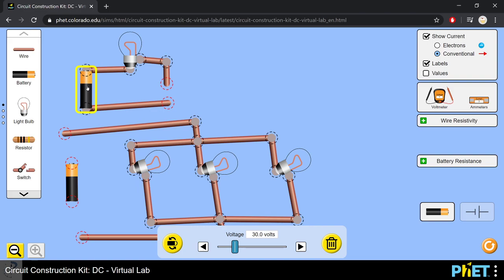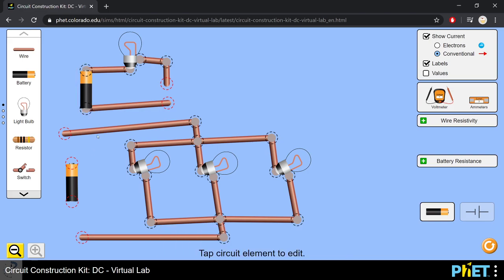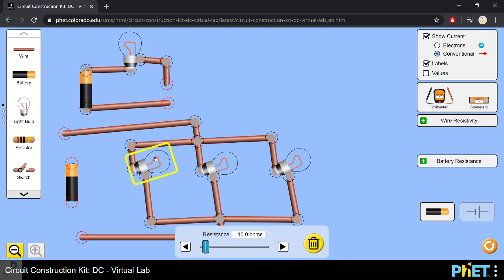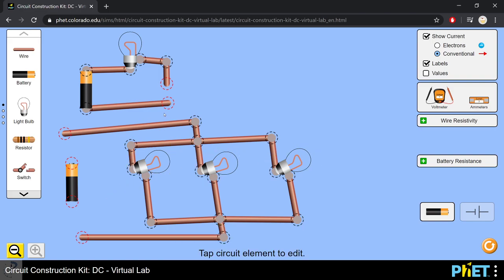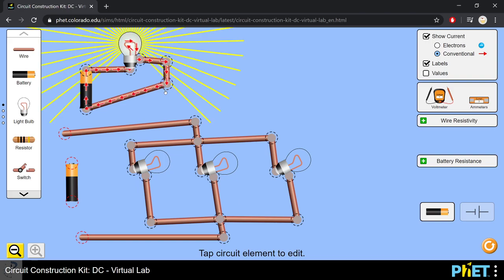So chat, you following? Let me ask another question here. 30-volt battery for both. Each light bulb is the same, 10 ohms, 10 ohms, 10 ohms. So here it is with one light bulb. Boom, you saw how super bright it is, right? Now the question is, how about the brightness of the 3 parallel ones I have down here?